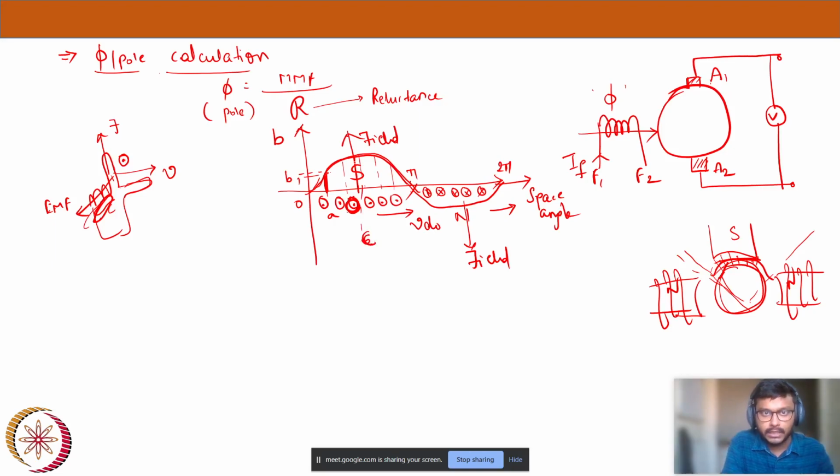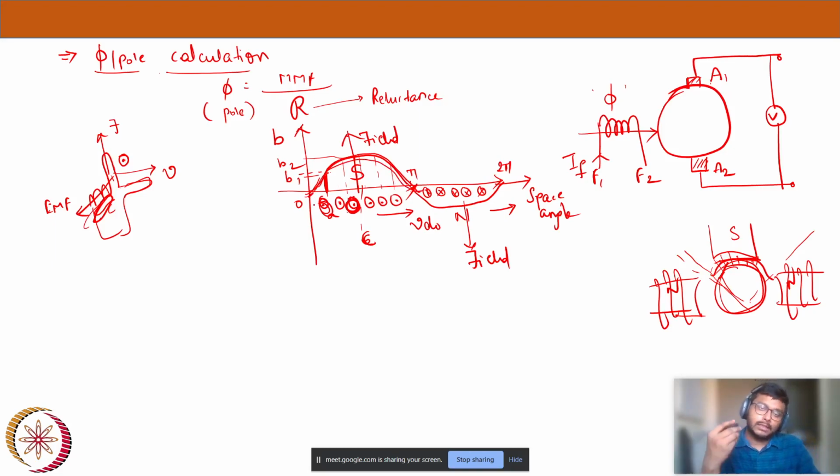Let's say it's point C. At point C, it is B2. At point A and point C, we have different values of B1 and B2, right? And that value will change if you take one conductor, during its entire motion from 0 to pi, it will experience a variable field from 0 to pi.